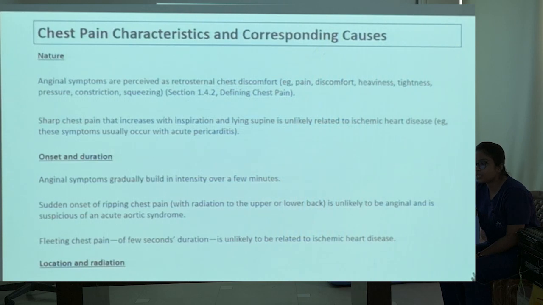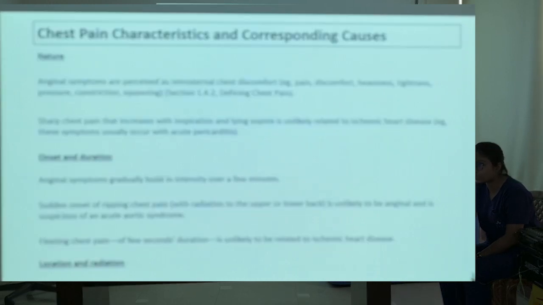Anginal symptoms are perceived as retrosternal chest discomfort: pain, discomfort, heaviness, tightness, pressure, constriction and squeezing. Sharp chest pain that increases with inspiration and lying supine is unlikely related to ischemic heart disease, because these symptoms usually occur with acute pericarditis.